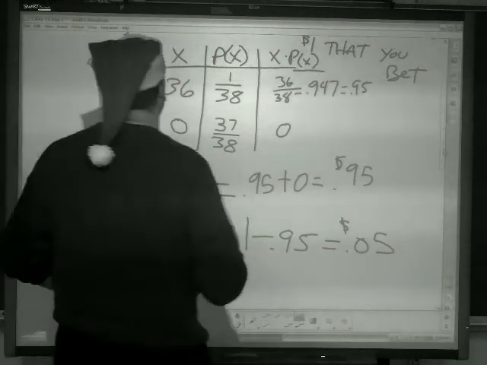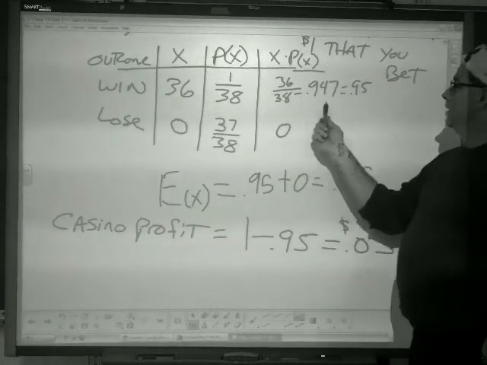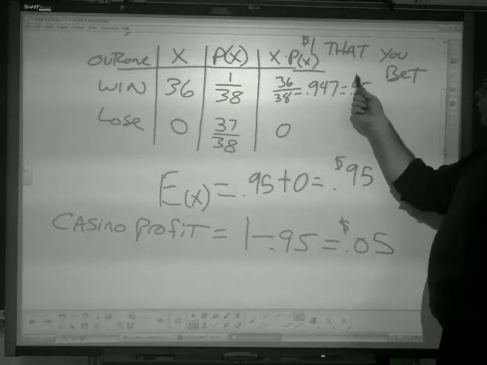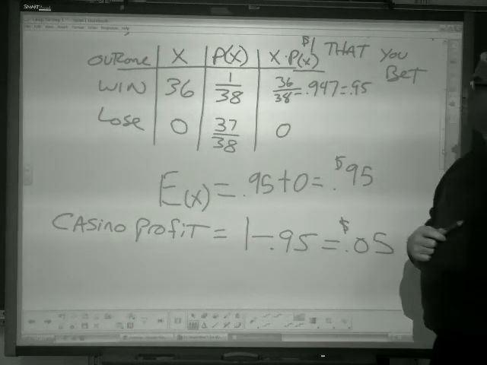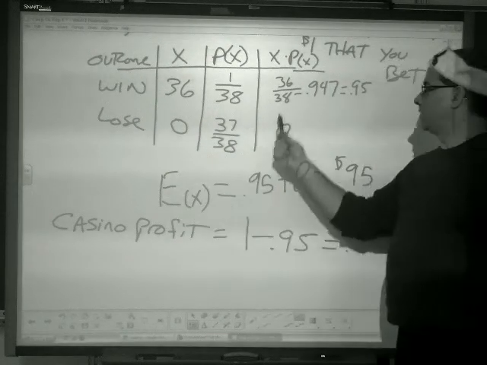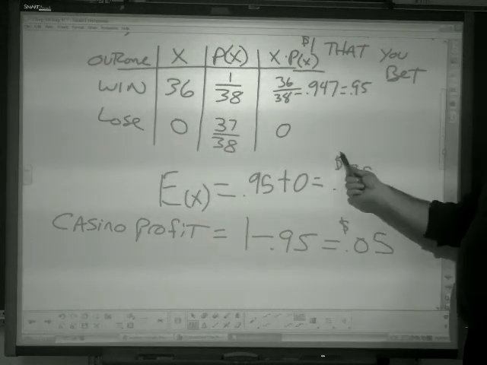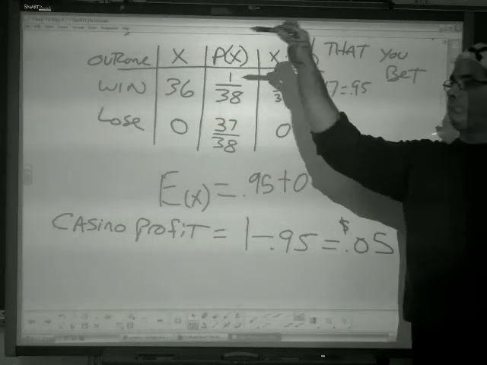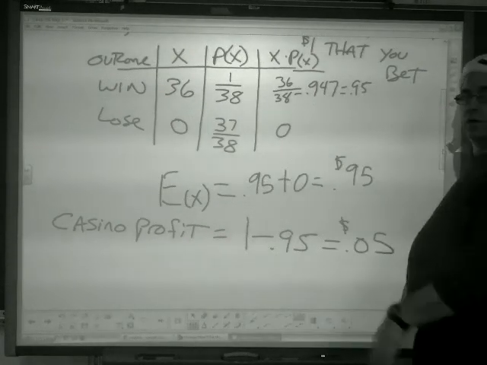Now, x times p of x, 36 divided by 38 is about 0.947, or if I round it, 0.95. 0 times anything is 0. So to calculate expectation, we take these two numbers and add them together. On average, the casino expects to pay back 95 cents to the hands of the players when they play.